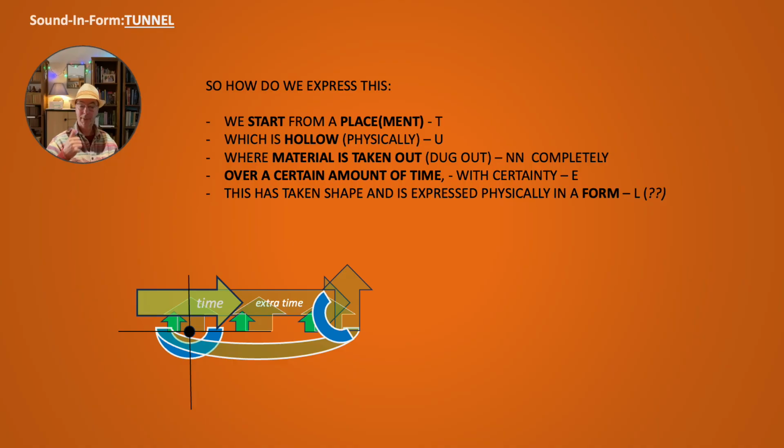We started from a placement in T, which is hollow physically, or U, where some material was taken out or dug out, and also completely, with the double N, really completely in its complete full, in all of its dimensions, its 2 dimensions, let's say, it's full, it's all of its material over a certain amount of time.